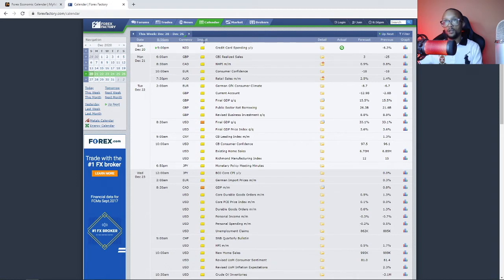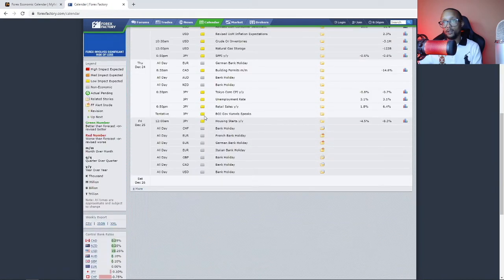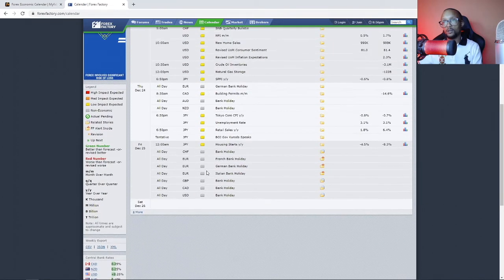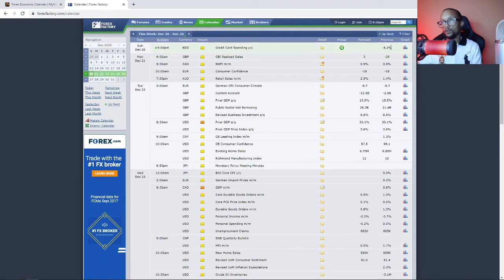Over here, the impact category is just color coded rather than labeled low, medium, or high. Medium impact is going to be orange, low is going to be yellow, and, see, this website is weird. I like my FX book better. But you just want to make sure you understand the color code.